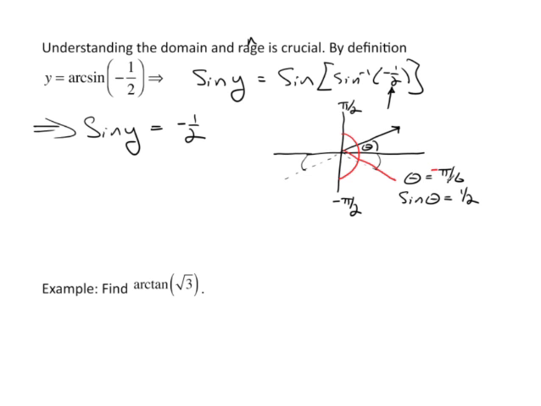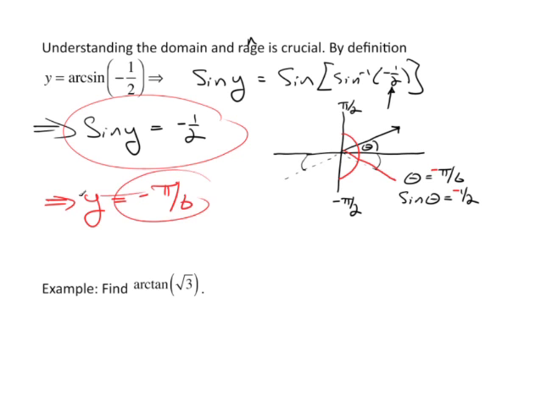So if theta is negative pi over 6, then sine of theta is going to be negative 1/2, which is exactly what I need here. So this tells me then that y must be equal to negative pi over 6. So that's the solution to this original problem.